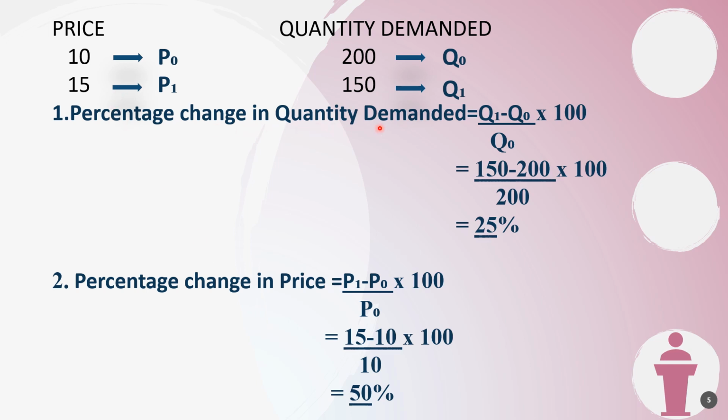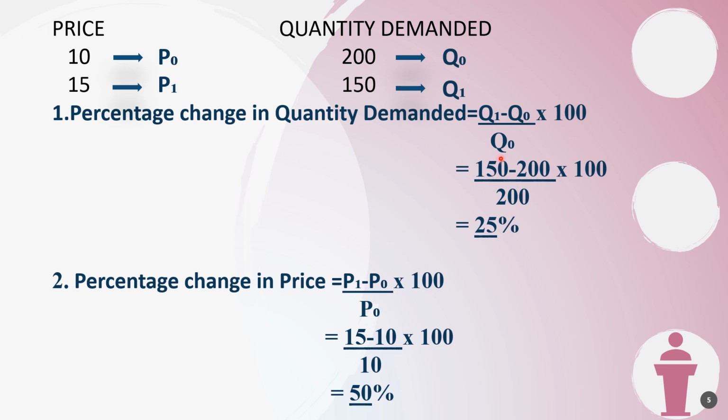The percentage change in quantity demanded is equal to Q1 minus Q0 upon Q0 into 100. That is new quantity demanded minus original quantity demanded divided by original quantity demanded multiplied by 100. So here we have the substitution.